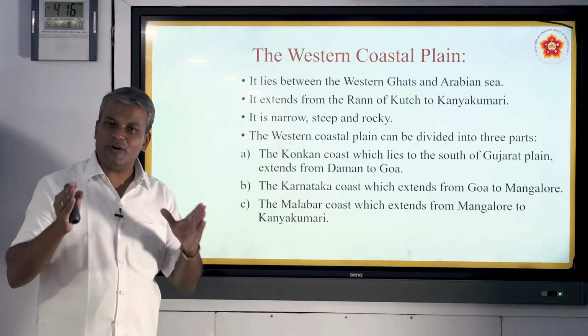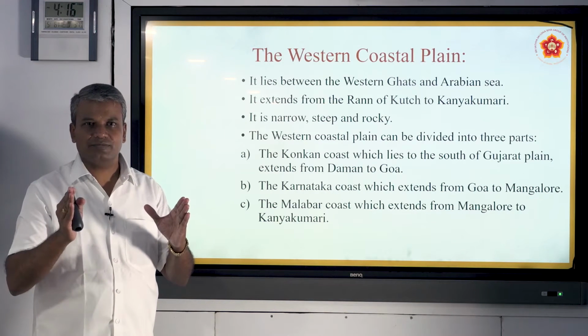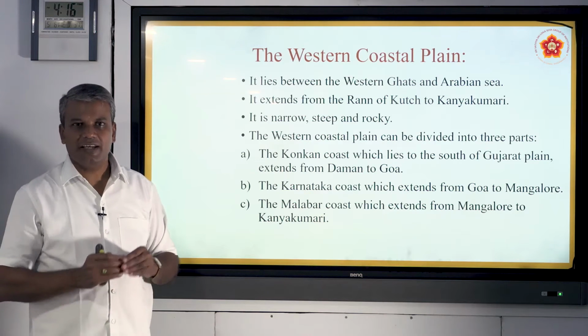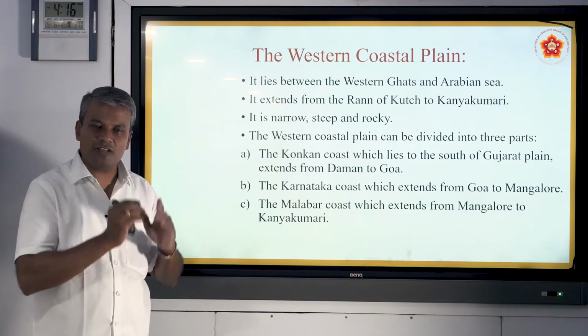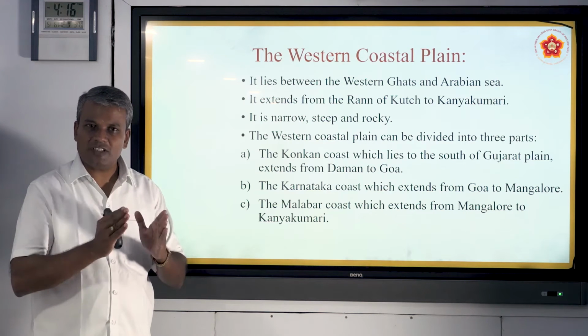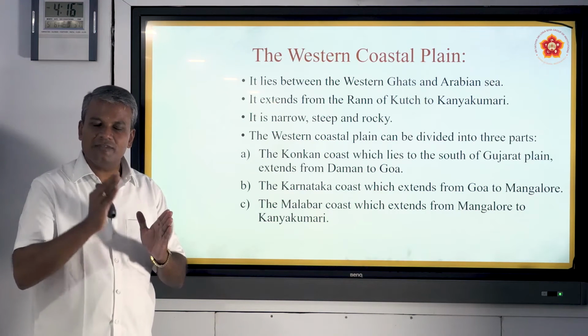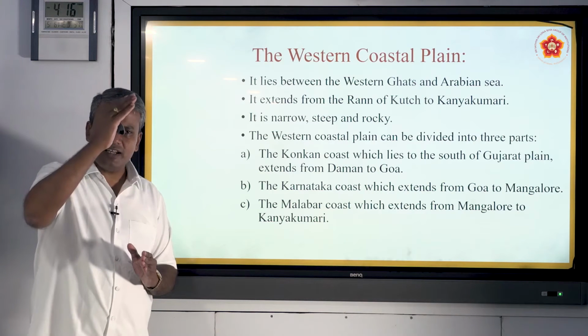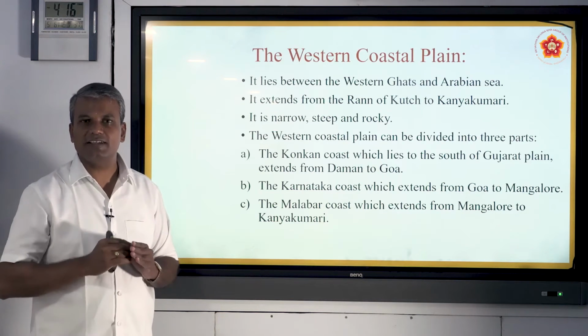The coastal plain is divided into two parts, west coastal plain and east coastal plain. In that we are talking about the west coastal plain. West coastal plain lies between the Western Ghats and also the Arabian Sea, from the Rann of Kutch to Kanyakumari.